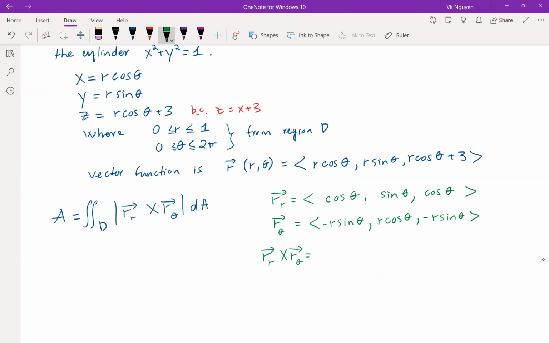Okay, so the cross product, right? You can put the IJK here. So I'm going to help myself out here. Just be careful when you do this. So it's going to be a negative r sine square minus r cosine square.